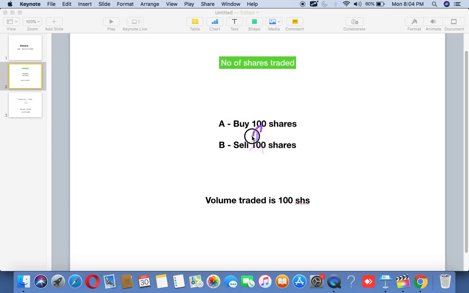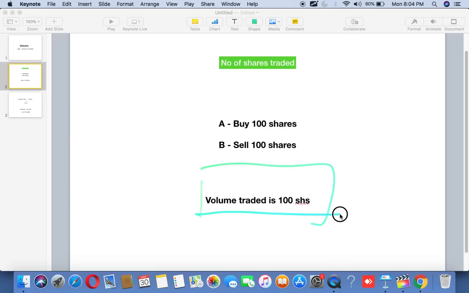So both are exchanging 100 shares here. The volume is not 200, it is 100. The 100 shares went from B to A. So volume traded is only 100 shares, because one buyer and one seller transacted 100 shares.